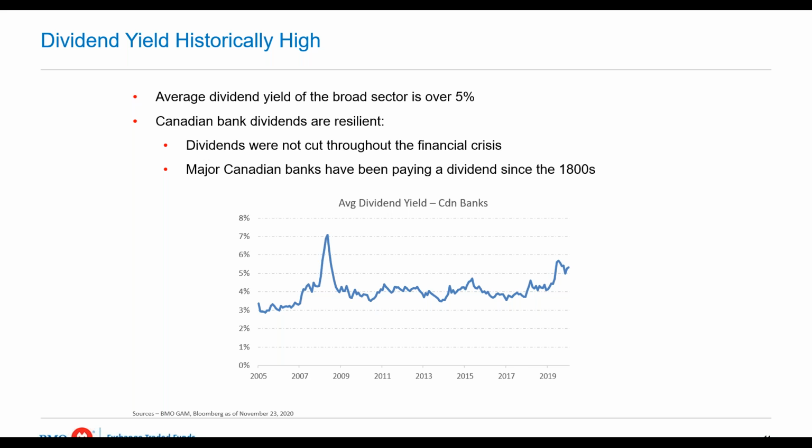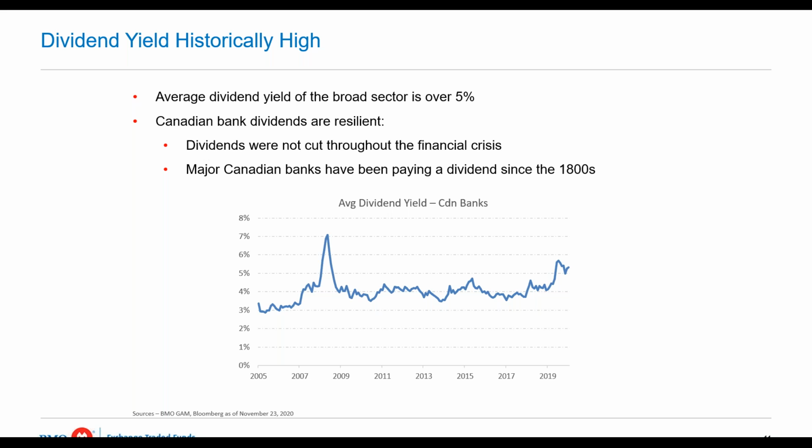And so a very, very long history of banks paying those dividends. So in terms of what you're getting, we think that's a very stable base to start growing that dividend from. And of course, you get potential growth coming out of that as well. So a 5% dividend plus the growth potential, we think, is a great place to be starting for yield-oriented investors.